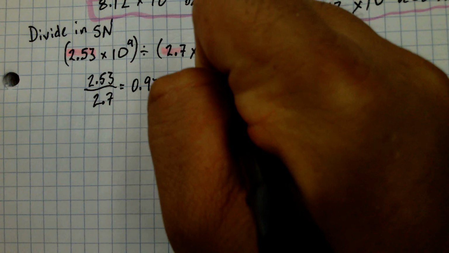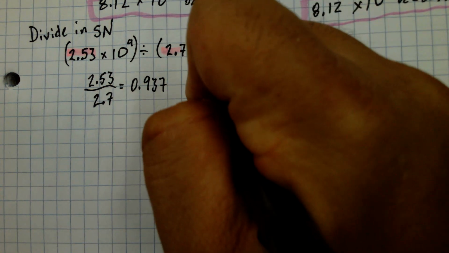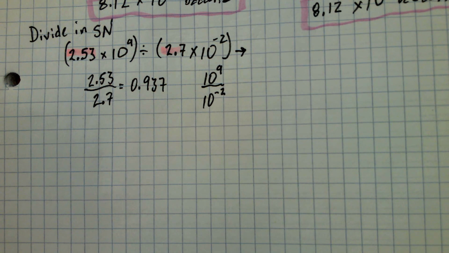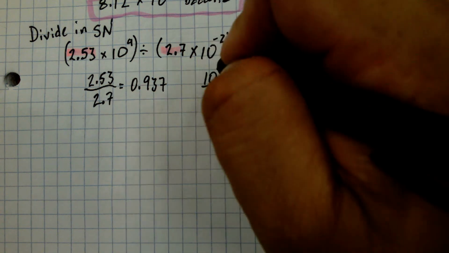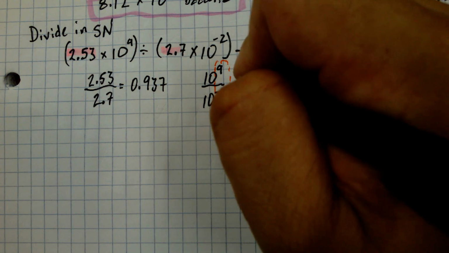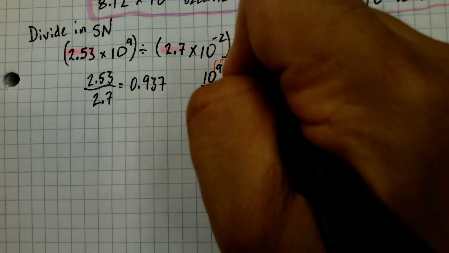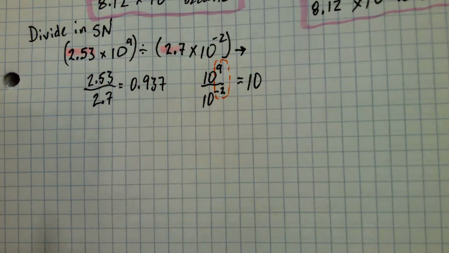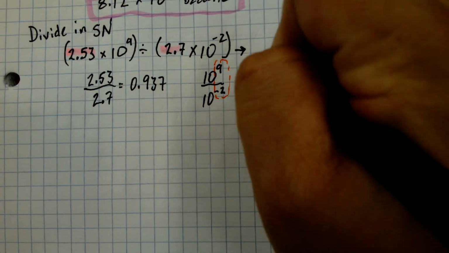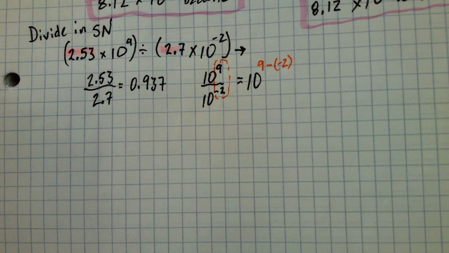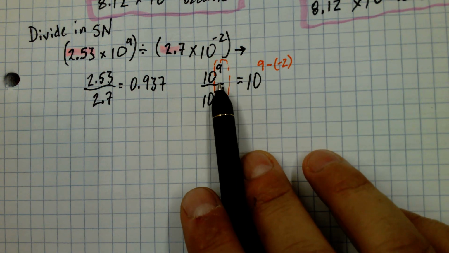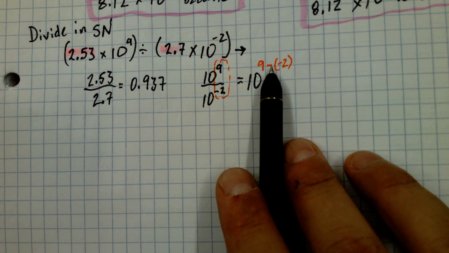10 to the 9 divided by 10 to the negative 2. Because we have to divide these, take your exponents. 9 minus, I always consider the fraction bar my instructions to subtract.